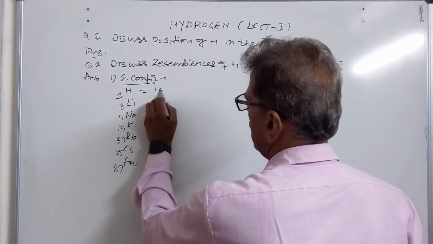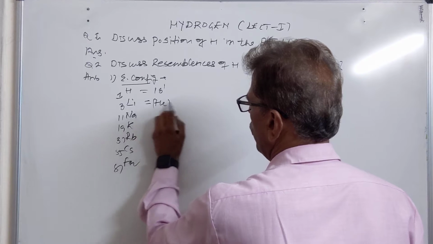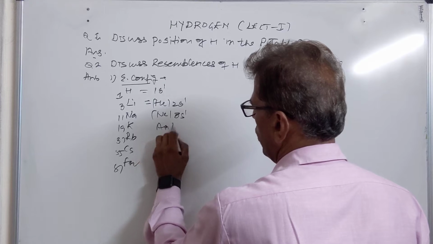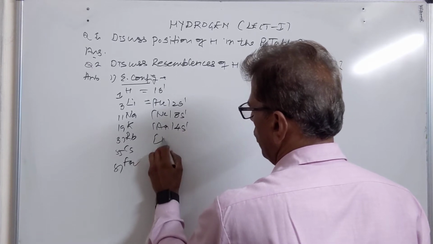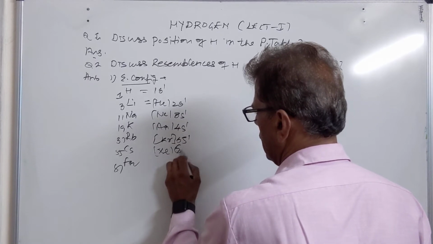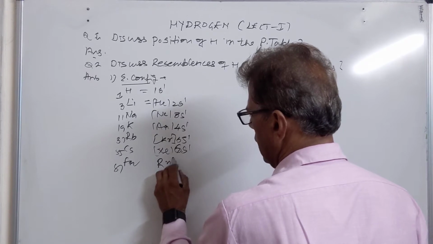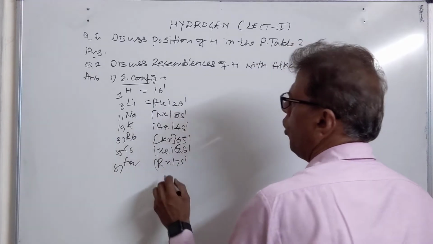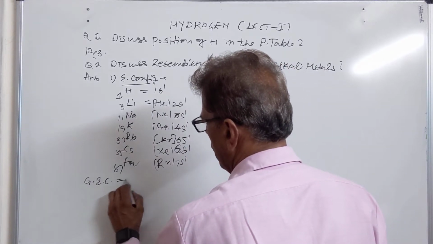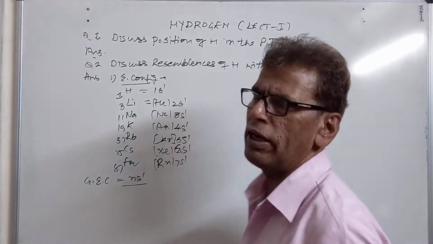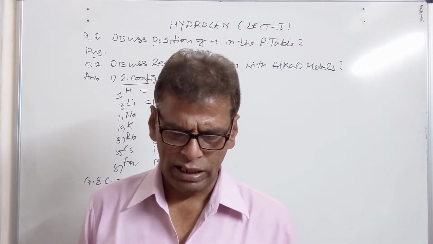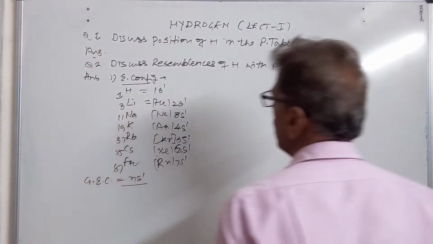The configuration is 1s1, then we have helium core 2s1, then neon core 3s1, argon 4s1, krypton 36, that is 5s1, then xenon 54, 6s1, then radon 86, that is 7s1. So the general electronic configuration of all the alkali metals is ns1. Since all of these elements have one electron in the valence shell, this shows the resemblance of hydrogen with alkali metals.